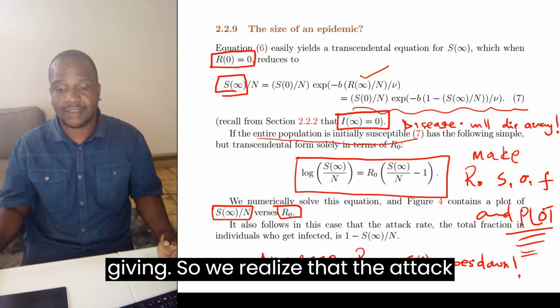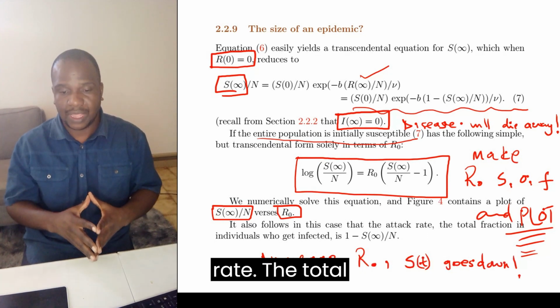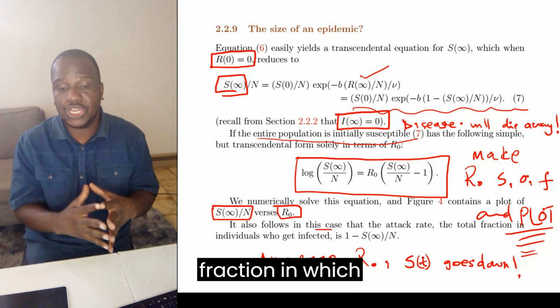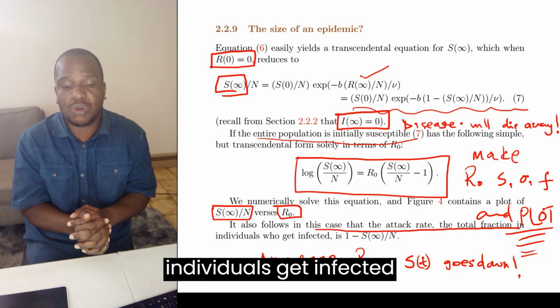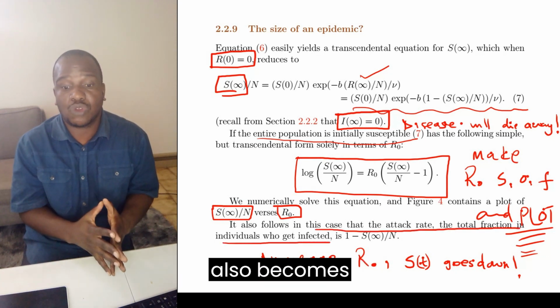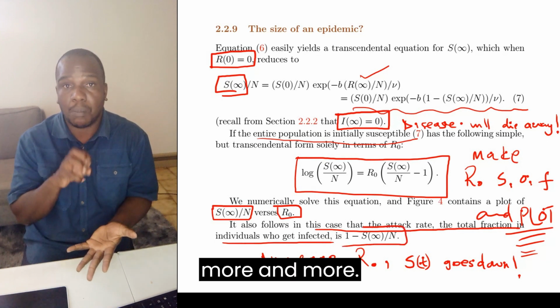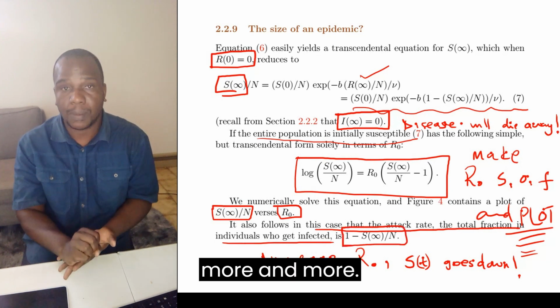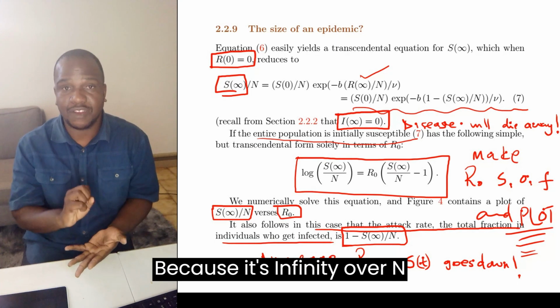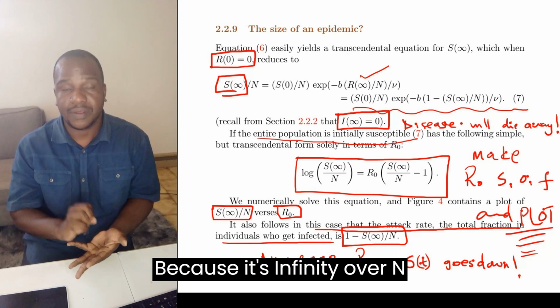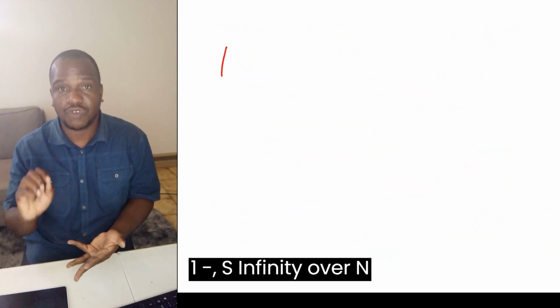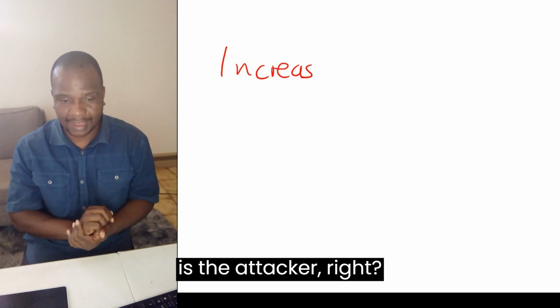So we realize that the attack rate, the total fraction of individuals who get infected, also becomes more and more, because 1 minus S infinity over N is the attack rate.